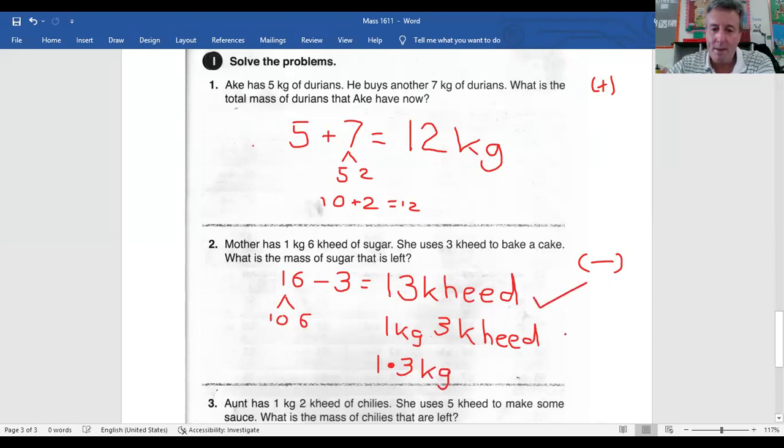That's right. That's right. And that's right. They're all the correct answer. We just wrote them differently. Okay? So 13 keyed or 1 kilogram, 3 keyed or 1.3 kilograms.